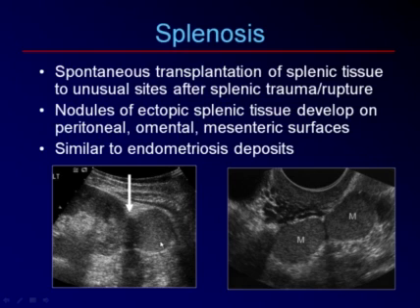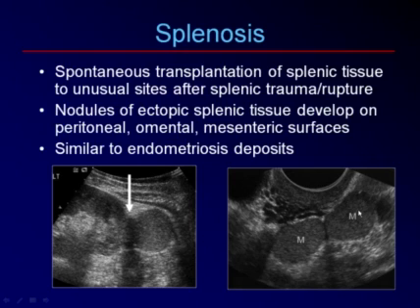They parasitize blood supply from the peritoneum. They can implant anywhere. They have a very characteristic appearance. They can even extend down into the pelvis. They can attach to peritoneum, omentum, mesenteric surfaces. In the pelvis, they simulate endometriosis, which happened in this patient.